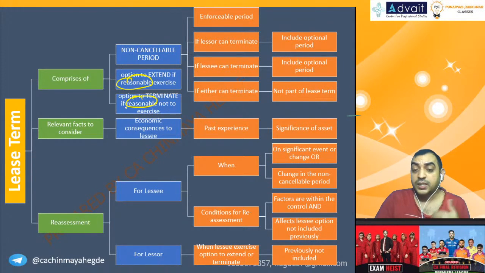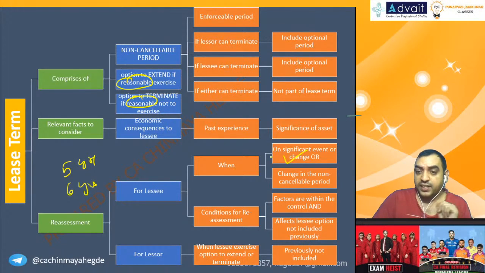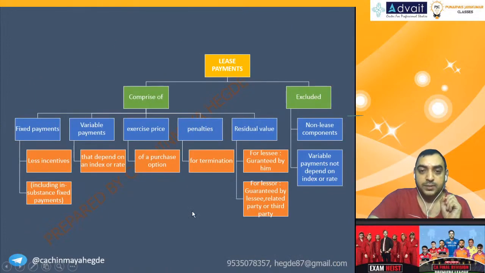Reassessment can happen, like originally you thought 5 years, then later you might revisit to 6 years. It can happen when a significant event occurs, the non-cancellation period is changed by mutual agreement, or any factors within the control have affected. That is for the lease term part.